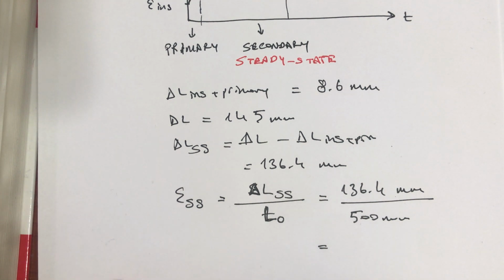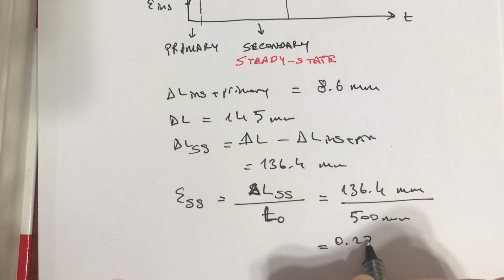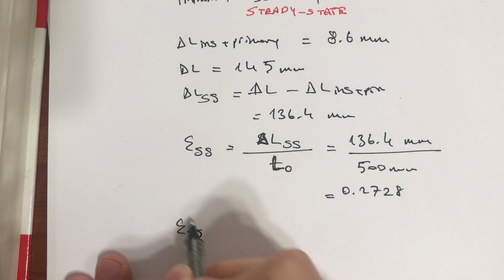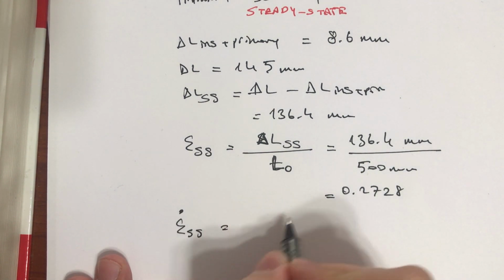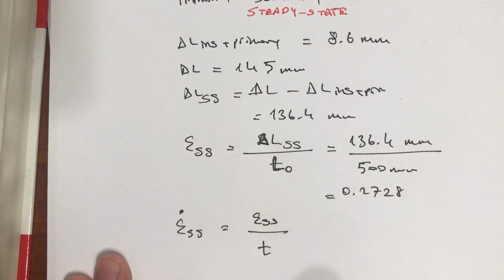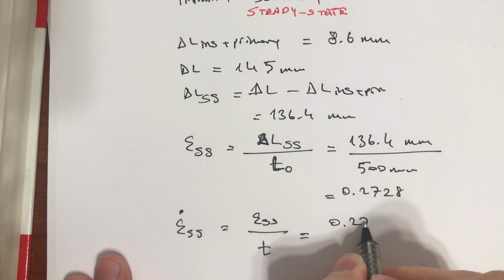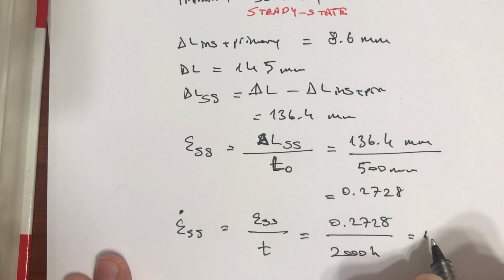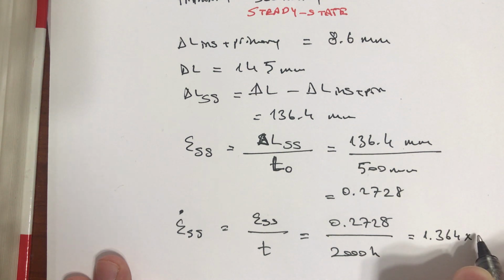That gives us a strain of 0.2728. Then we can calculate the steady state strain rate as steady state strain divided by time. 0.2728 divided by 2000 hours. We obtain 1.364 times 10 to the power minus 4.